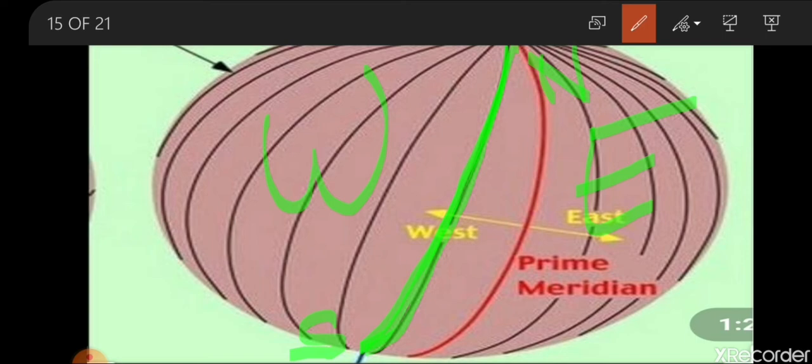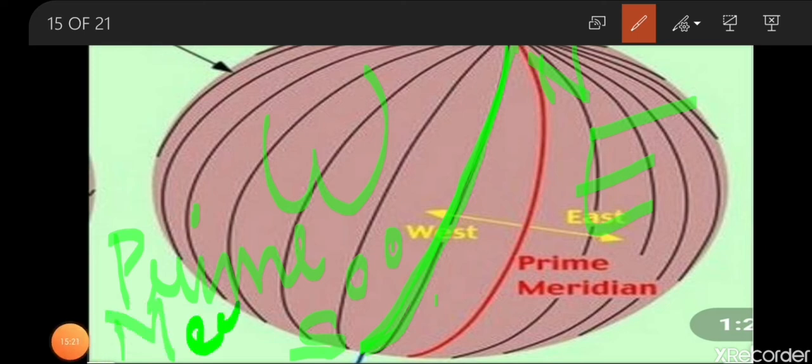This is the 0 degree longitude, and this 0 degree longitude is known as the prime meridian. Like the 0 degree latitude is known as the equator, in the same way the 0 degree longitude is known as the prime meridian.